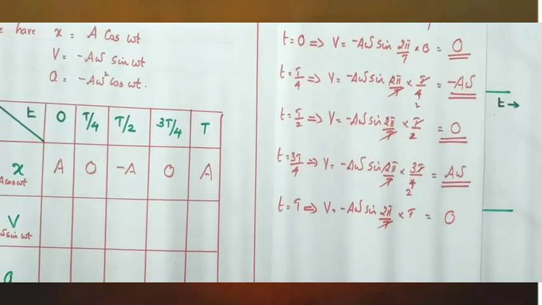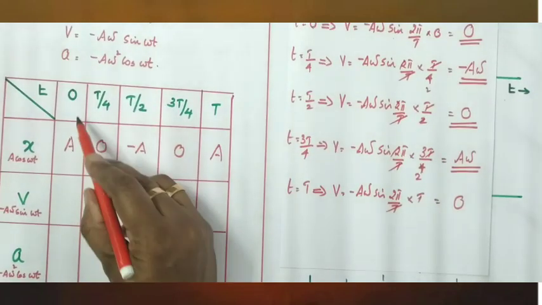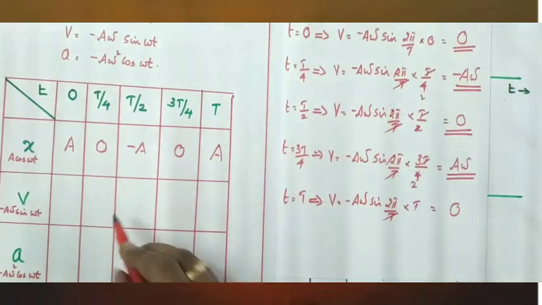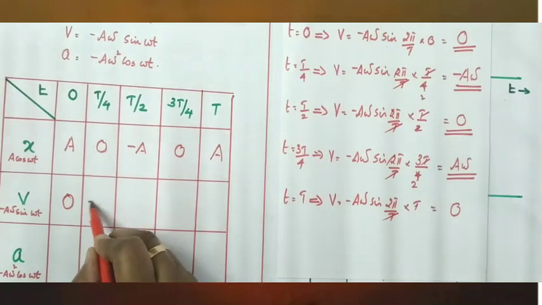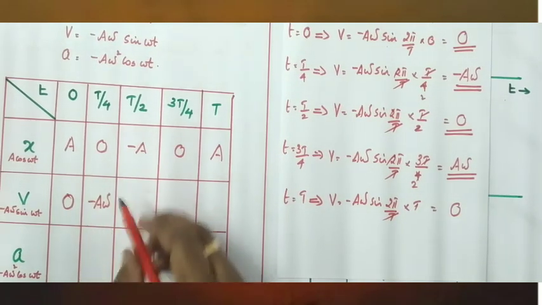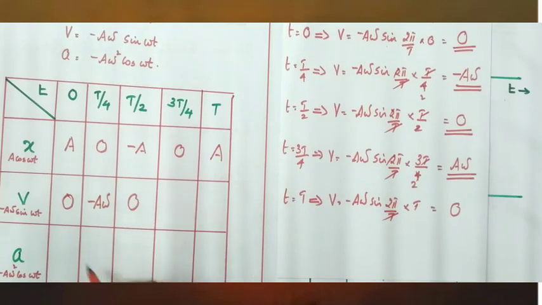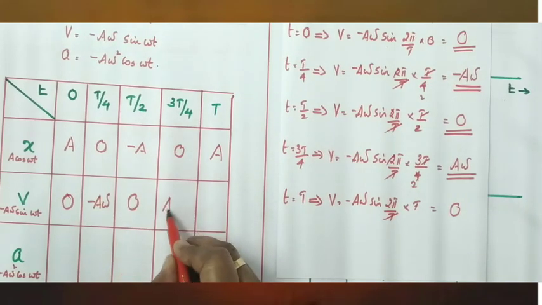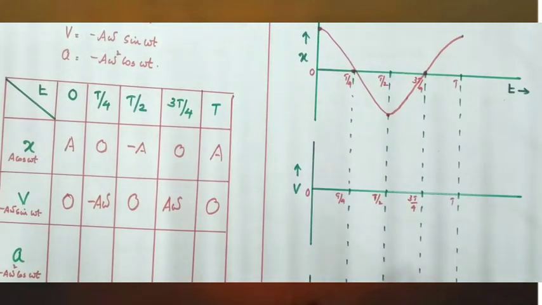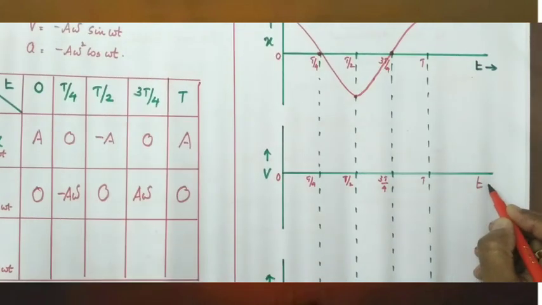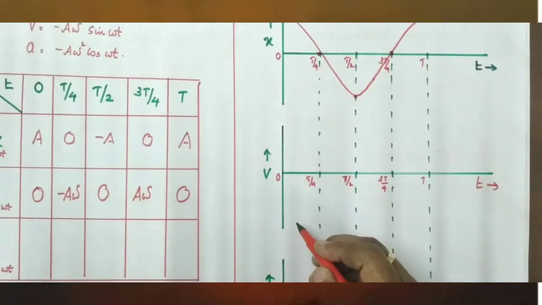So if we copy the values here, for time 0, the answer is 0. Then T by 4, minus a omega. T by 2, 0. 3T by 4, a omega. Time period T, 0. Now, in the graph we can plot time along the x-axis and velocity along the y-axis.